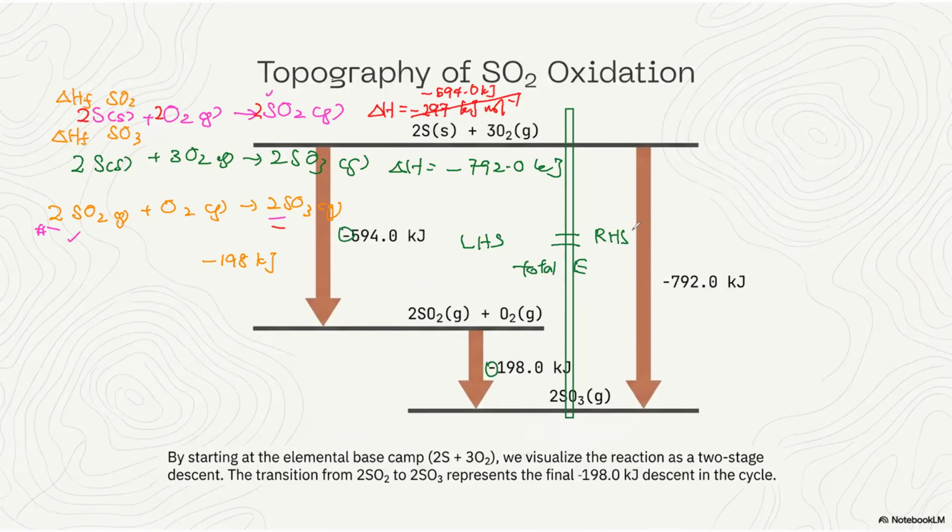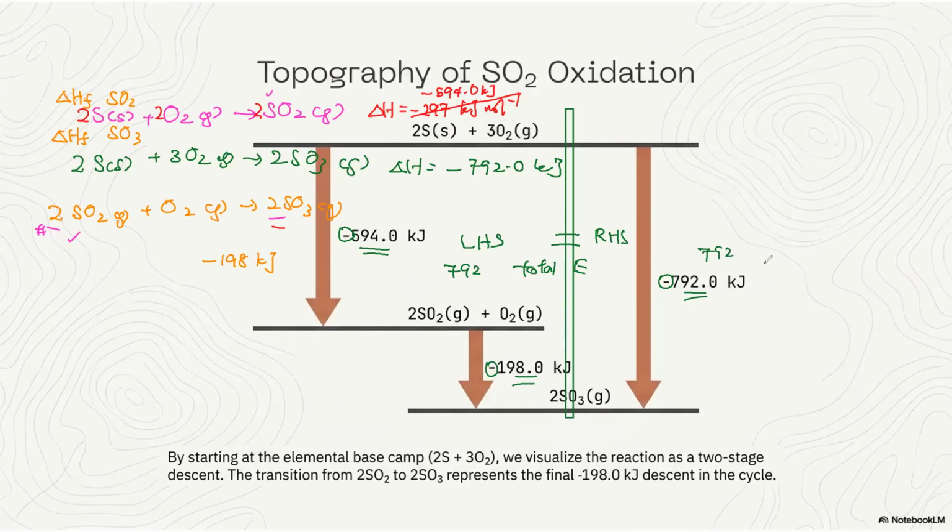Here, just coincidentally everything is exothermic, so everything is negative, but there are certain cases where some of them are endothermic, some of them are exothermic, but we don't mind about that. What we mind is that the total energy at the left side will be equal to the total energy at the right side. So now you sum up 594 plus 198 is 792. Don't look at positive or negative. In here you also have 792.